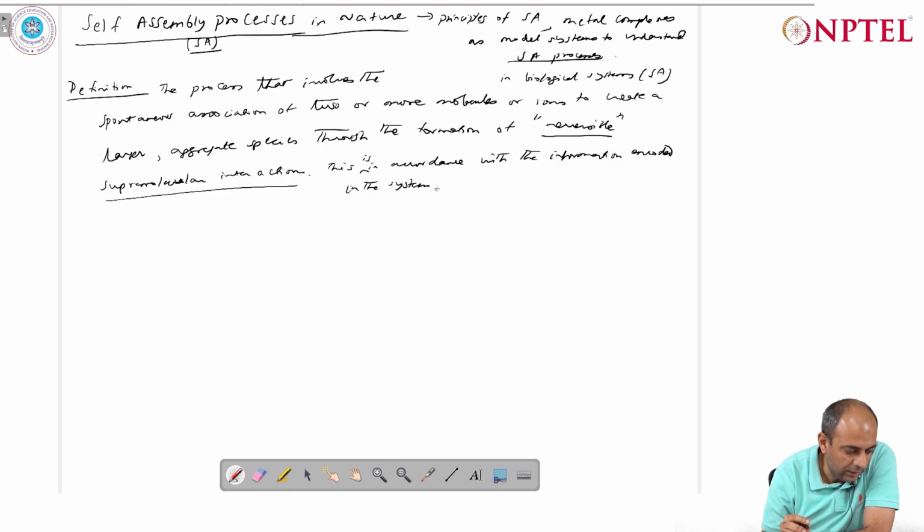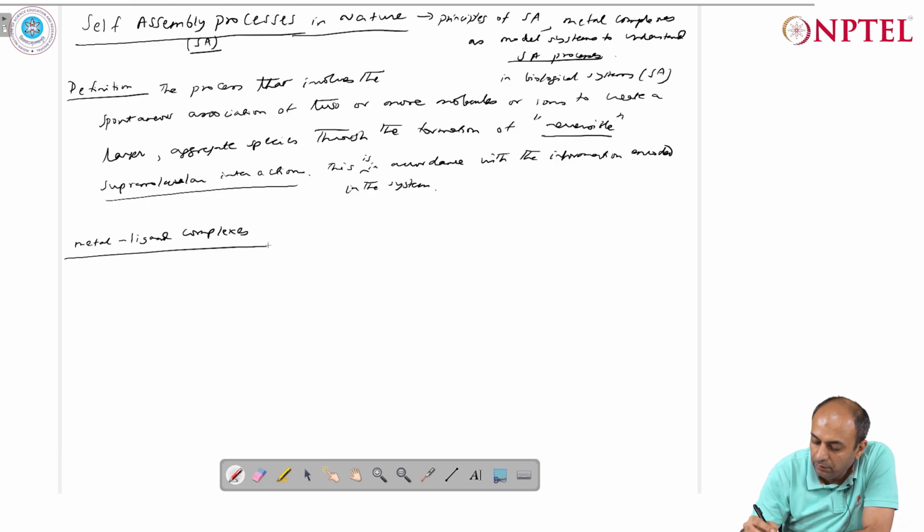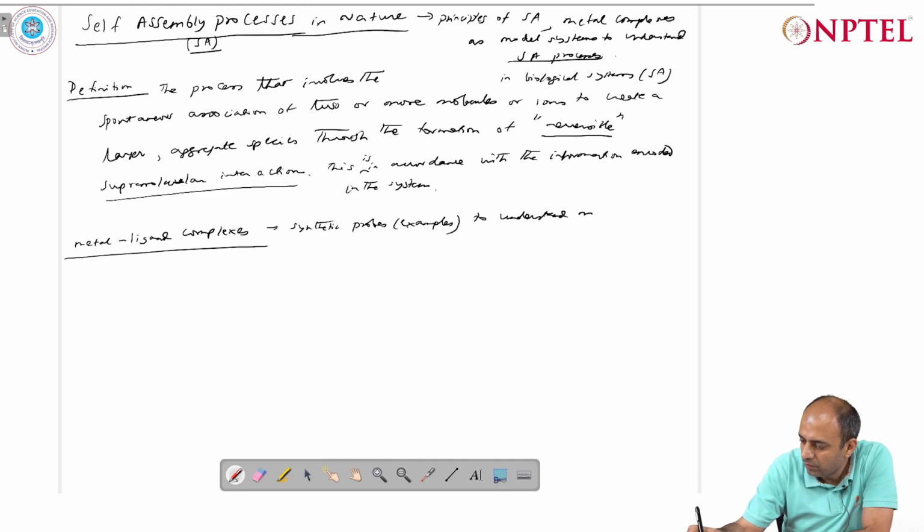So to start with, let us first consider processes of self-assembly in metal-ligand complexes. First of all, we will look at synthetic probes or examples to understand molecular self-assembly processes. And why are we choosing metal-ligand complexes?